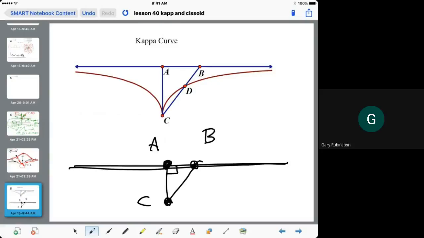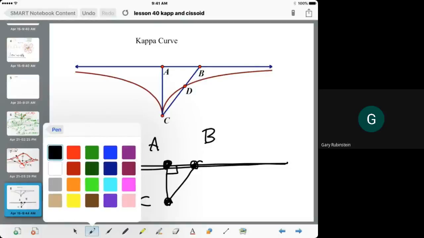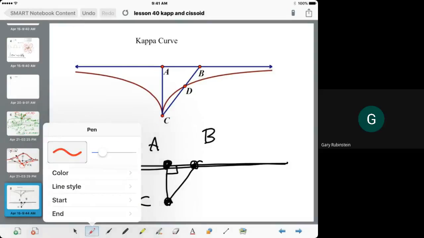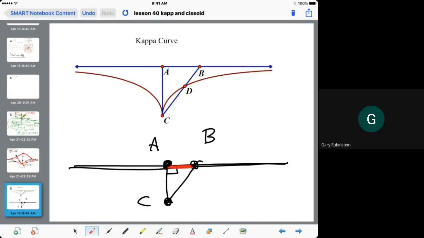You then take the length of AB, whatever it happens to be, and you transfer it over here so that C is one of the endpoints. And the other endpoint is called point D.